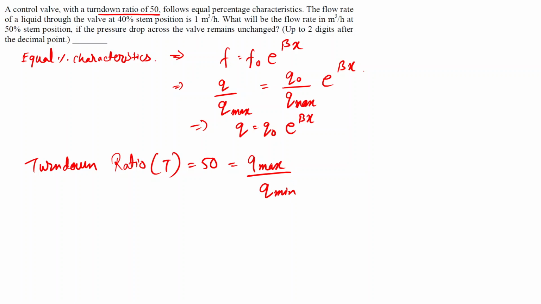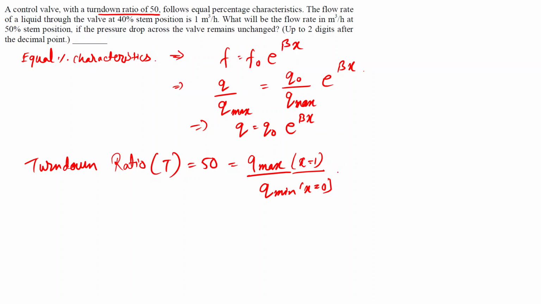This maximum flow will occur when the valve is 100% open, that means when x is equal to 1. Similarly, the minimum flow will occur when the valve is fully closed, that is x equal to 0.